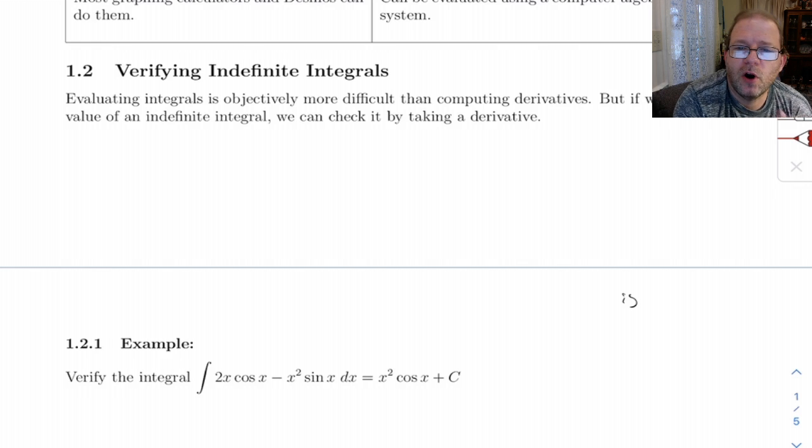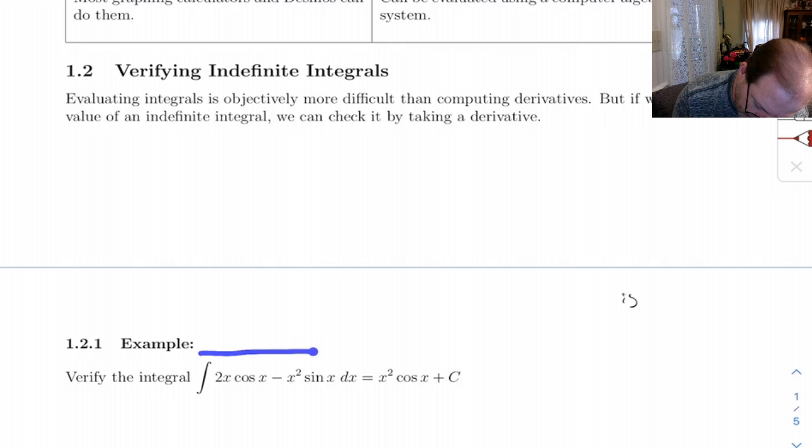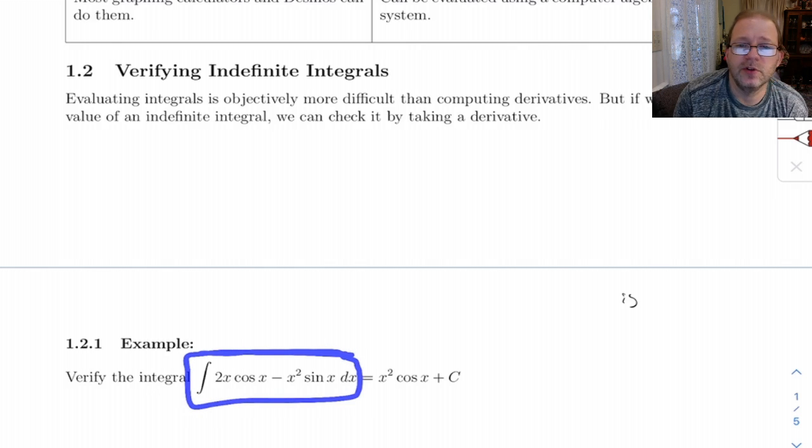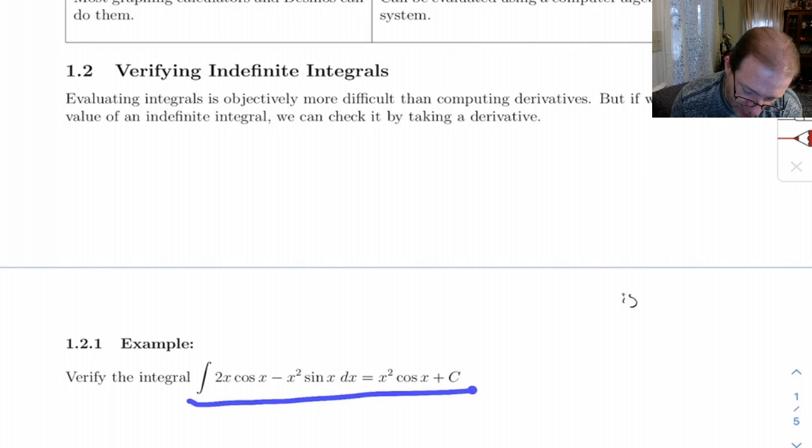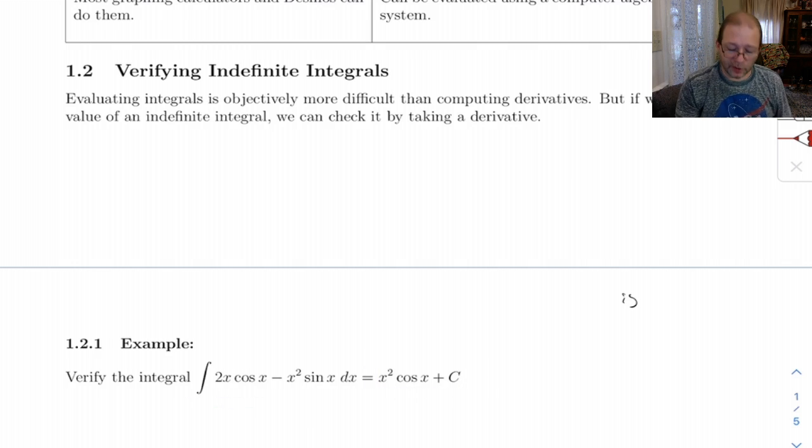Integrals are harder than derivatives. So for instance, this integral that we're given here is a tough integral to do. We haven't talked about how to deal with this yet. But if we're given this and we're given the answer, we can verify it by taking a derivative. So let me show you what I mean here.